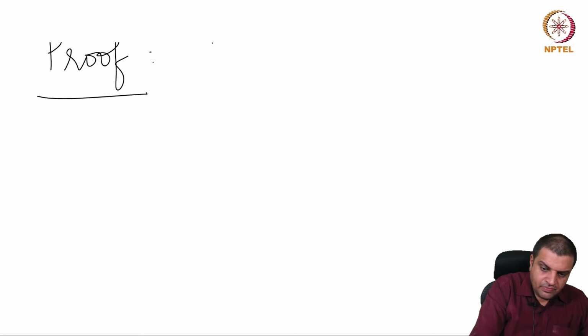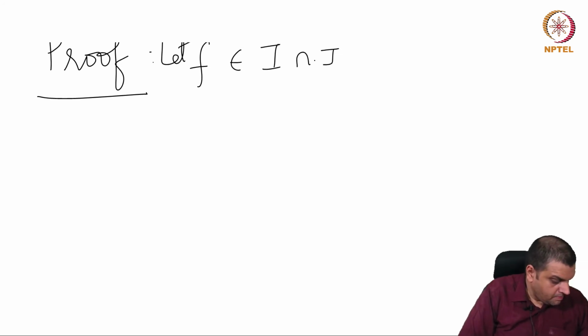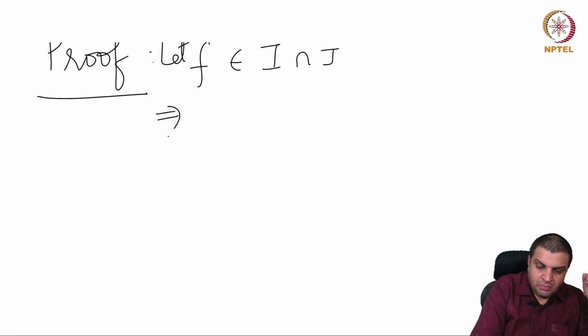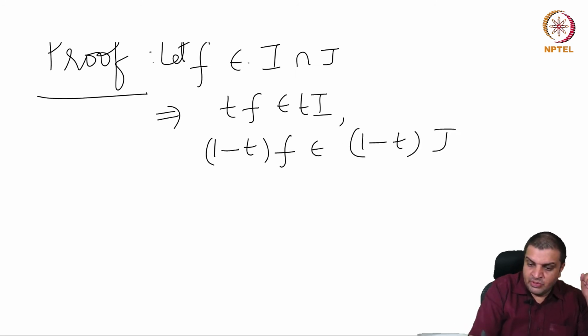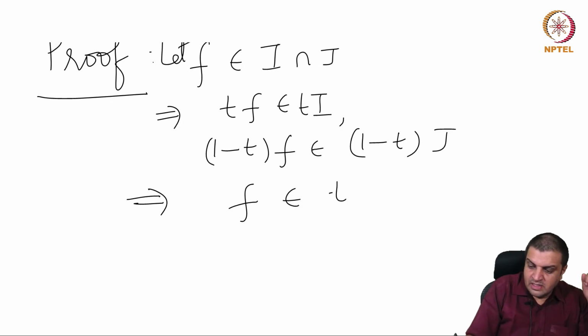So we would like to consider an F; let F be inside I intersect J. Now, what does it mean to say that F is inside I? This implies that TF is inside TI and (1 minus T)F is inside (1 minus T)J, because F is in both I and J. So this implies that F, which is a sum of these two things, is inside TI plus (1 minus T)J.